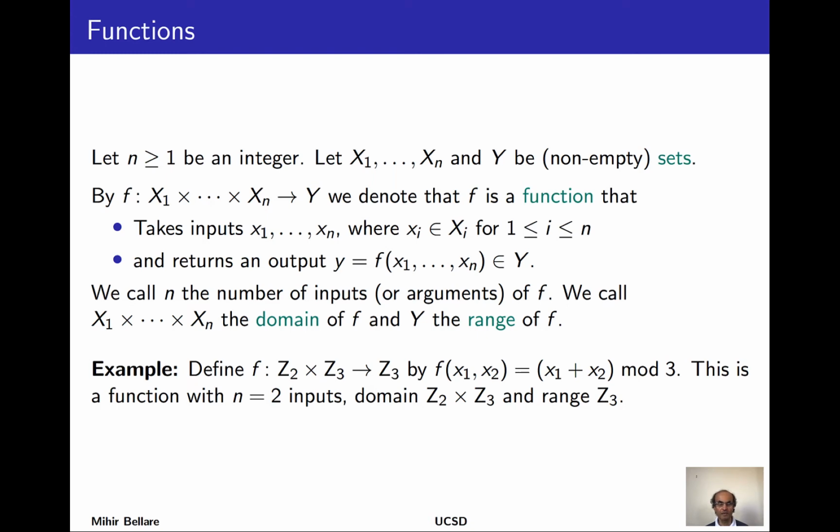As an example, the function f from Z_2 × Z_3 into Z_3 defined as follows. It takes 2 inputs, since there's 2 sets there. It adds them and returns the result mod 3. So n equals 2, the domain is Z_2 × Z_3, range is Z_3.